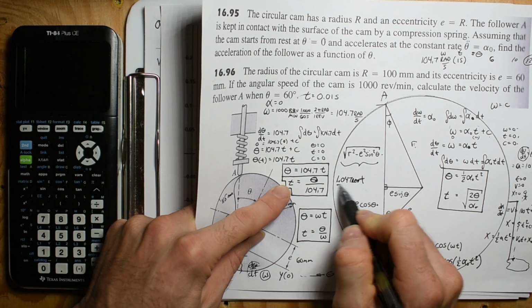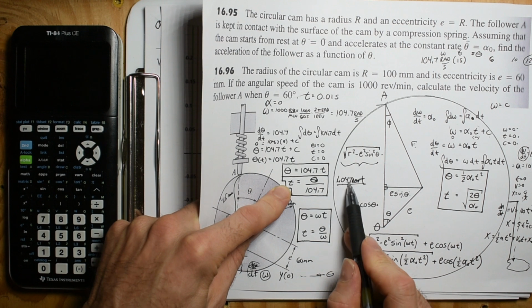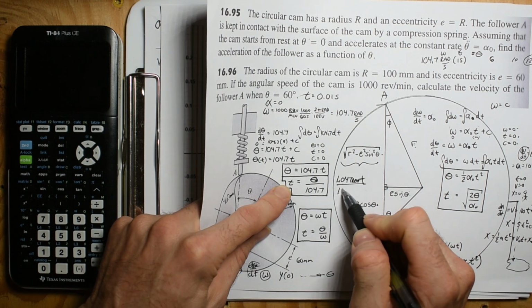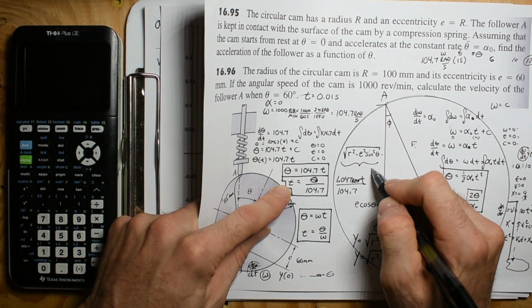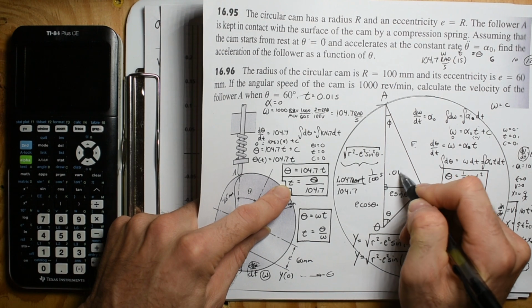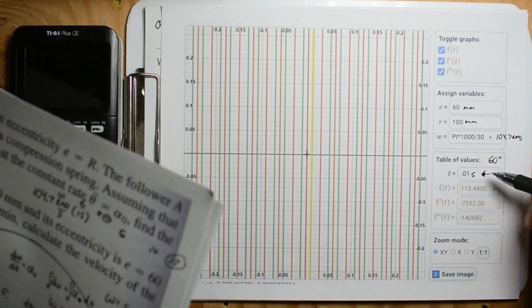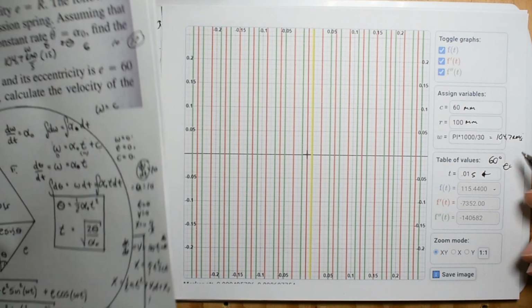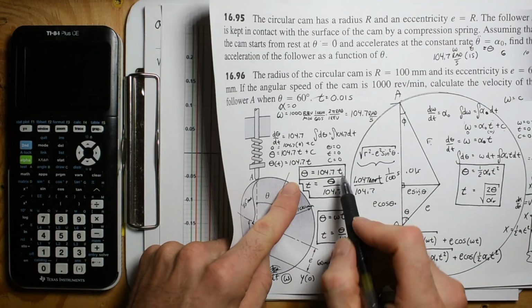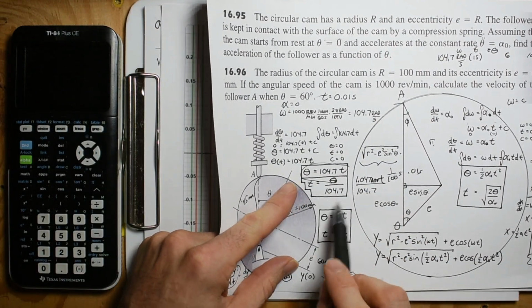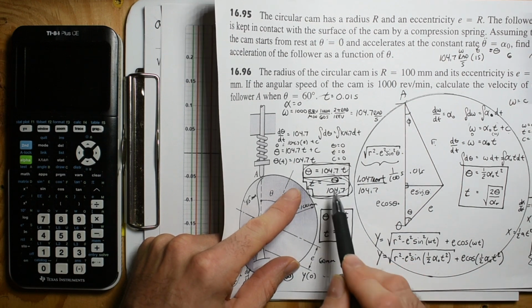I guess I learned from this video that 60 degrees is 1.047 radians. Divide it by 104.7, and we got 100th of a second, or 0.01 seconds. So that's what we input right there. Sure, there's no input for theta, but that's what we did. We have an equation for time as a function of theta.